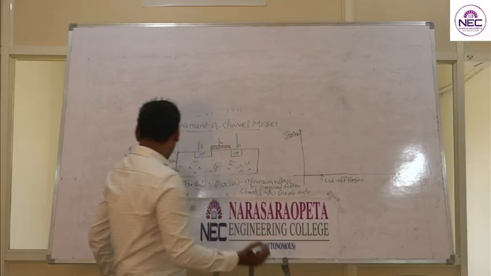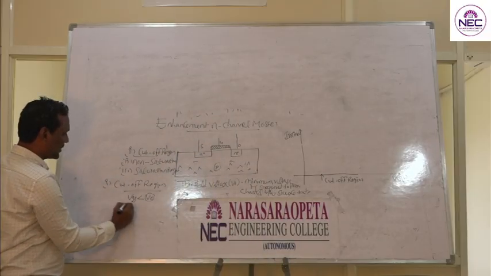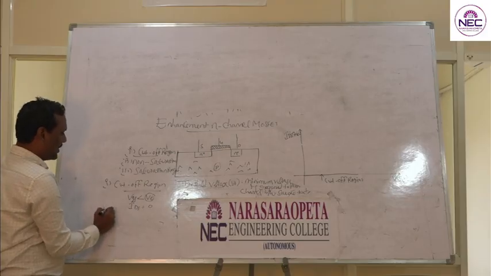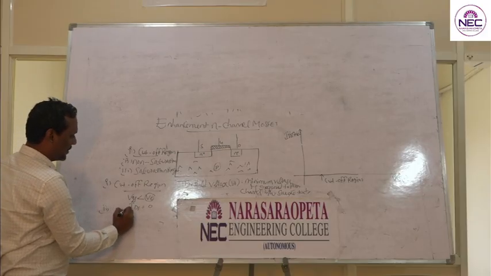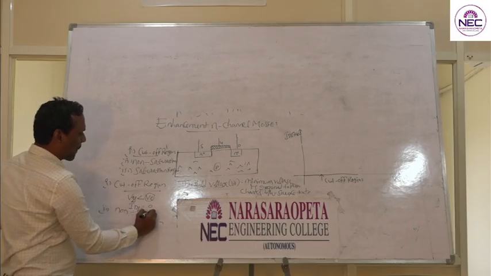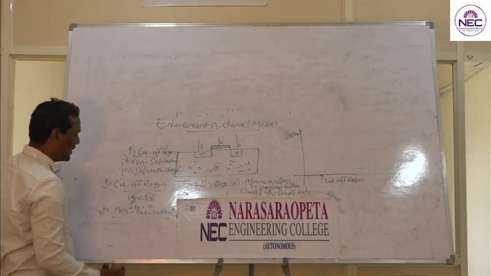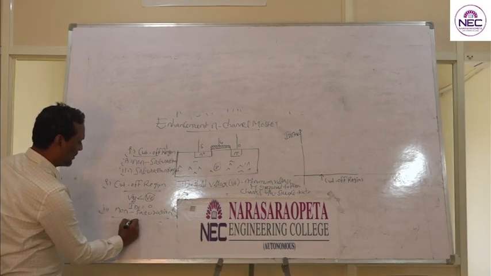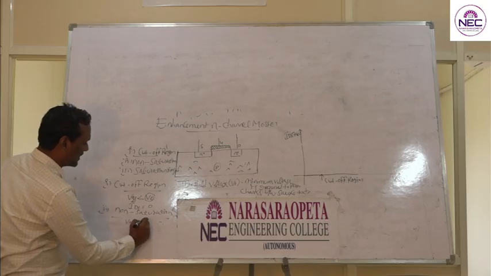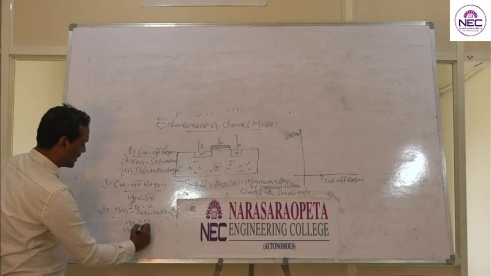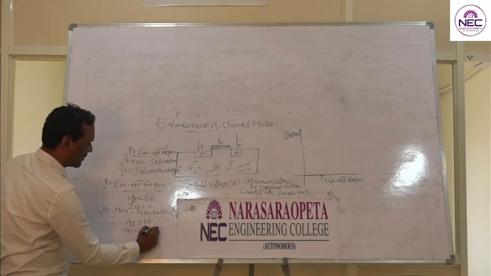So now coming into the non-saturation region, the VGS value is greater than VT and the VDS value is less than VGS minus VT.